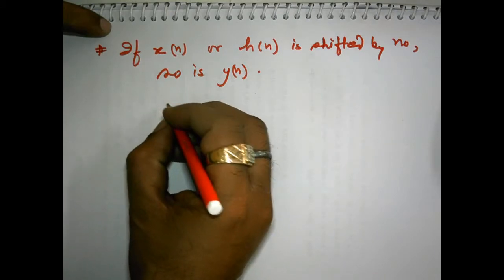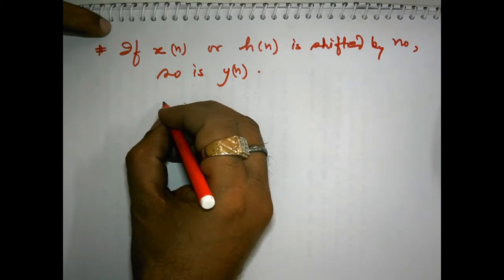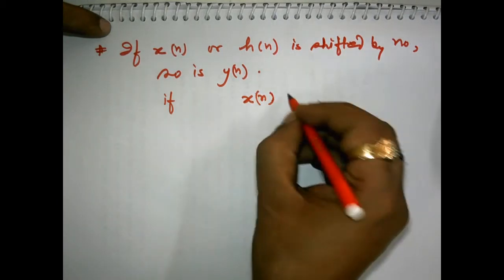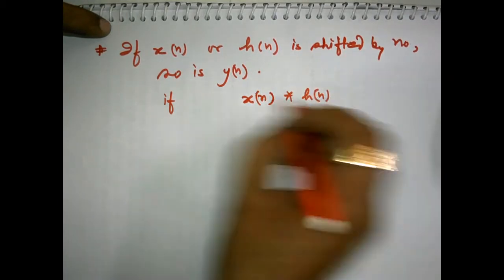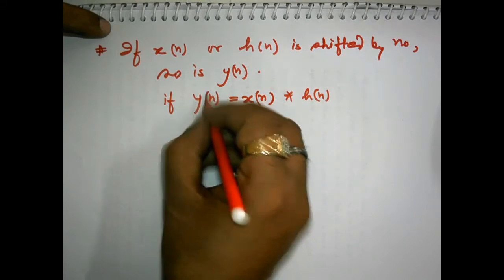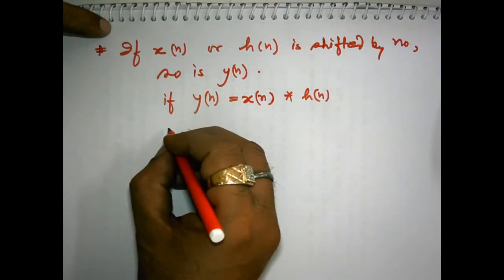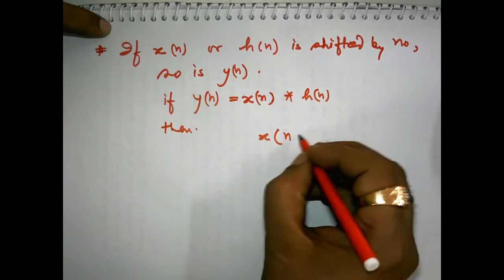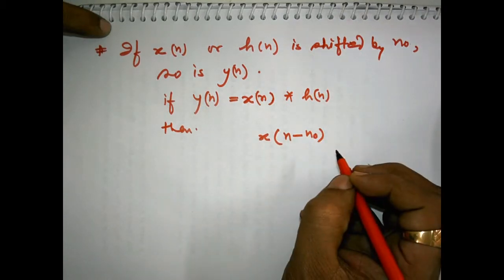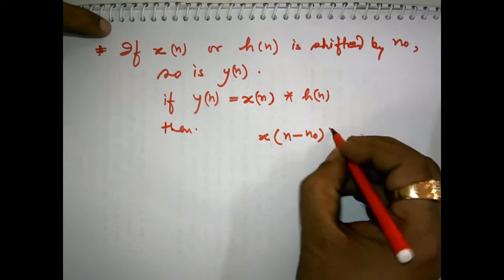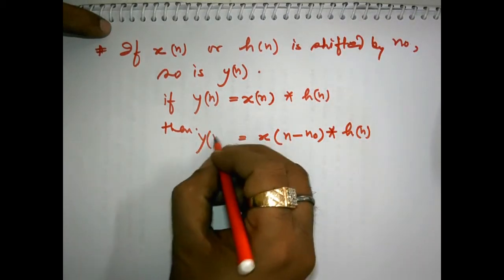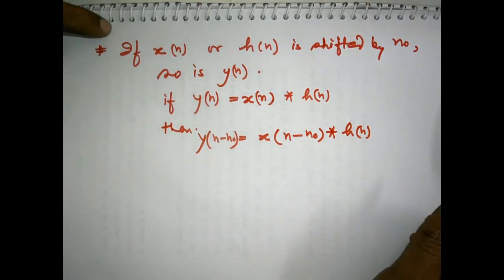This property says that if x[n] convolves with h[n] resulting in y[n], then if x[n] is shifted by n0 and is convolved with h[n], y[n] will also be shifted by the same amount n0.